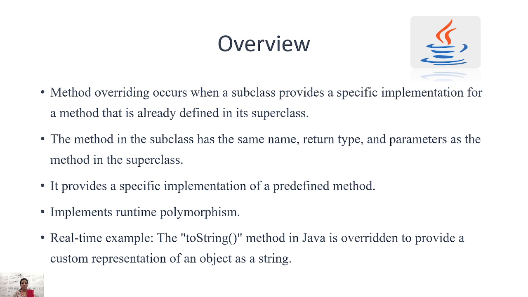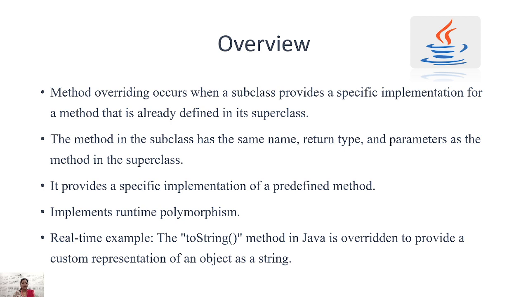So what do we have to take care of when we are overriding the method? The method in the subclass has the same name, return type, and parameters as the method in the superclass. It provides a specific implementation of a predefined method. So the method which is already defined in the superclass, we are just overriding in our subclass.